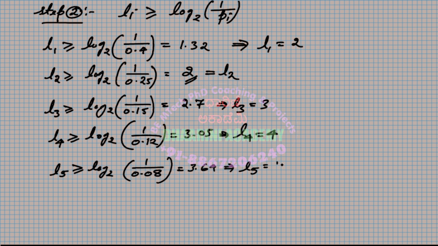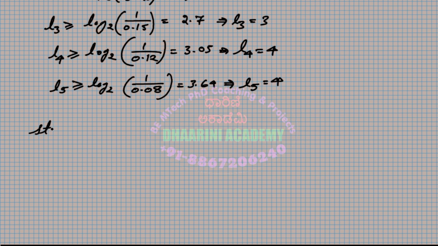So move ahead and go to step number 3. Start with the various parameters such as Q1 equal to 0. Q2 becomes equal to Q1 plus P1.